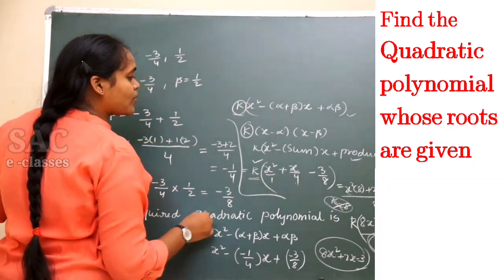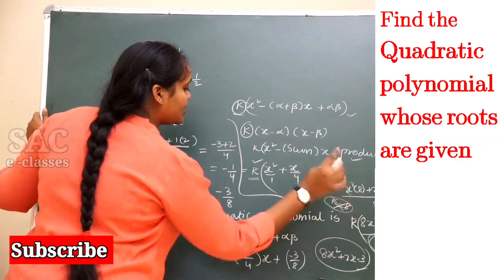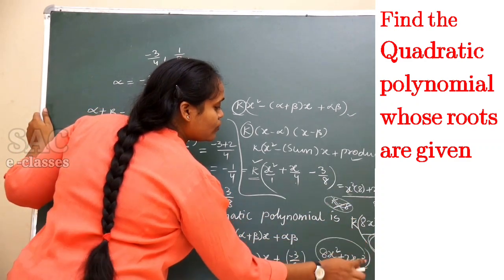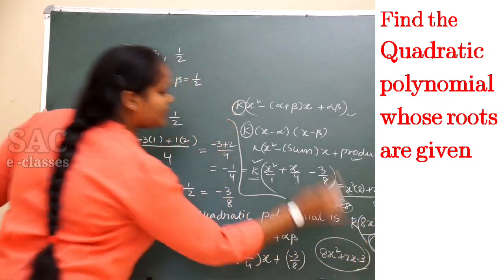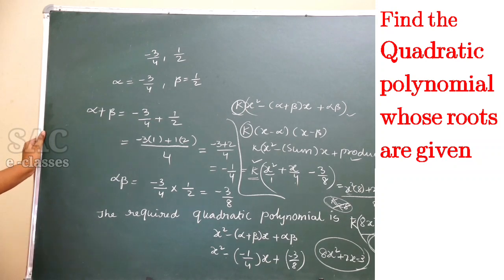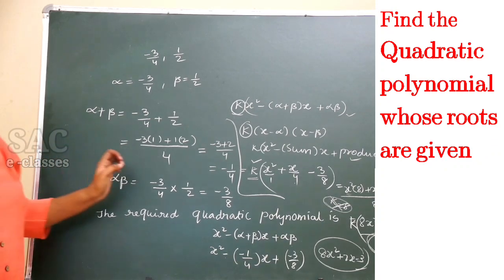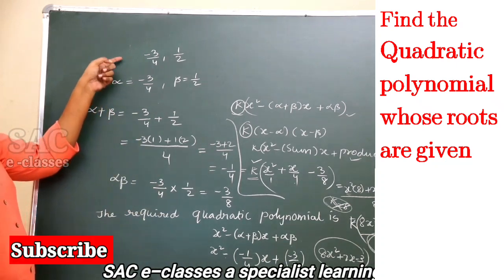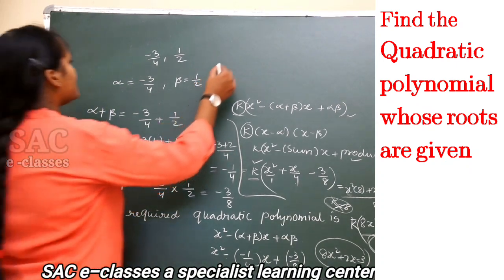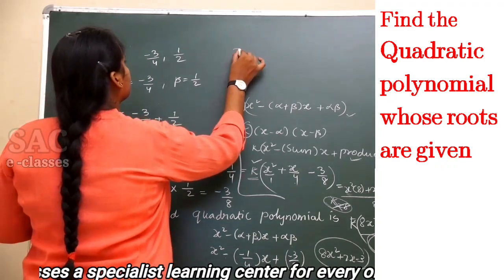It won't be a proper one. But while writing the conclusion, just ignore the denominator and mention it. What is the required polynomial? 8x square plus 2x minus 3 is the required quadratic polynomial whose roots are minus 3 by 4 and 1 by 2.